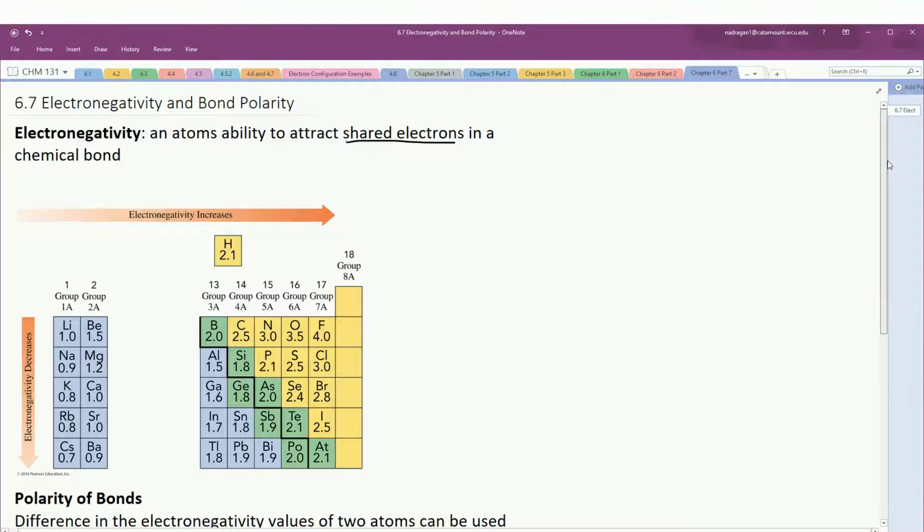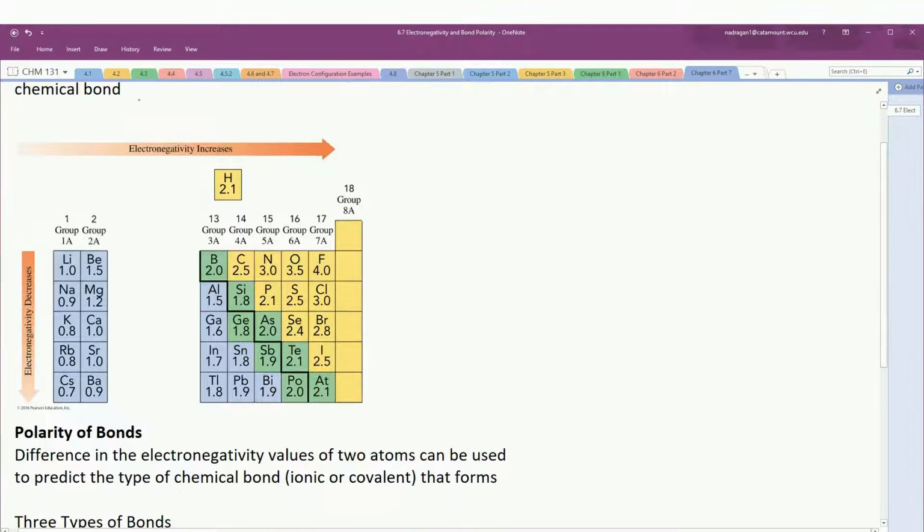If you look at this figure from your textbook, as you go to the right and down on the periodic table, the electronegativity of atoms increases. Oh, I'm sorry, I said that backwards. If you go down, electronegativity decreases. As you go to the right, electronegativity increases.